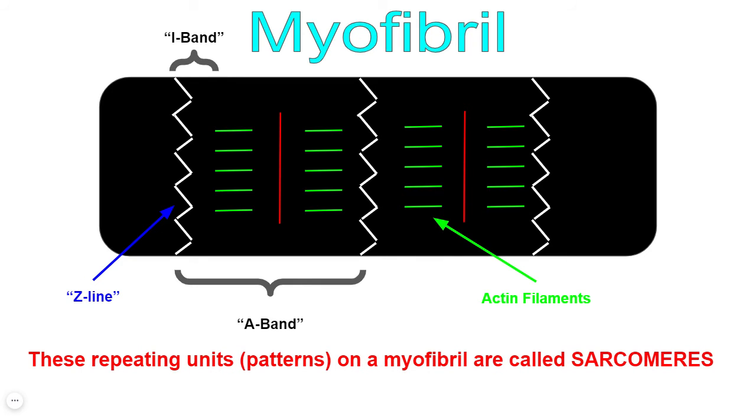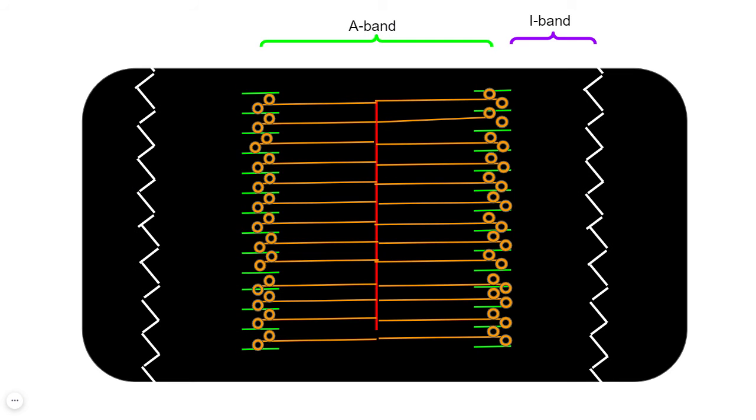Now, these repeating patterns on a myofibril, this black thing here, are called sarcomeres. So sarcomeres, remember, are just repeating patterns of these various structures. All right, now we're going to go Z-line to Z-line here, so we're zooming in a little more.